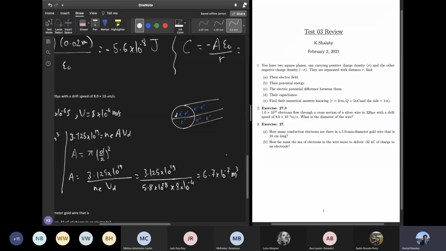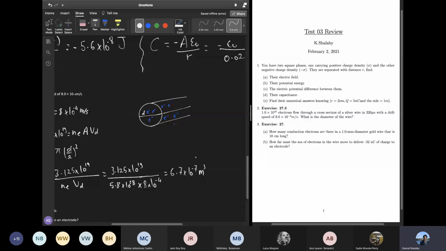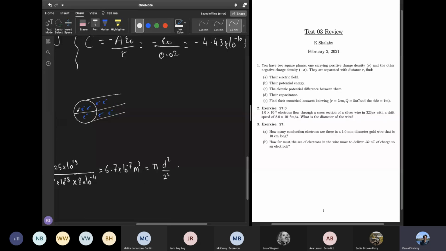meters cubed. That also is going to equal pi d squared over 2 squared, which means that d is equal to 6.7 to the power of -7 multiplied by 2 squared over pi, and the square root of that.